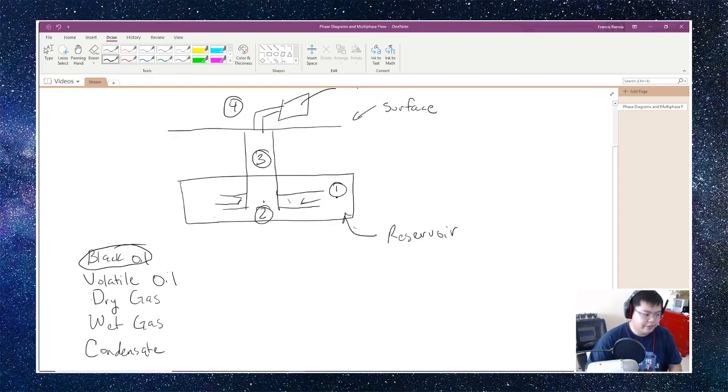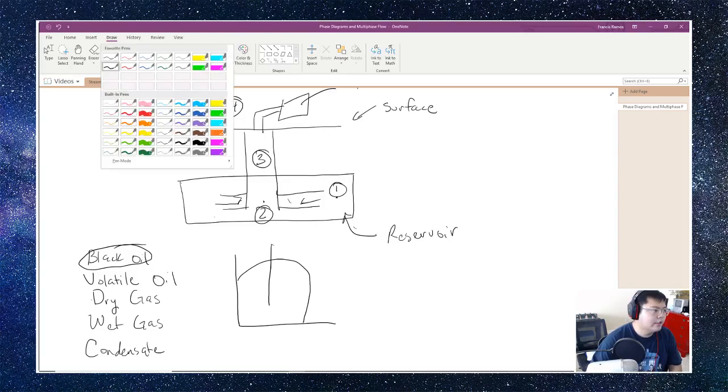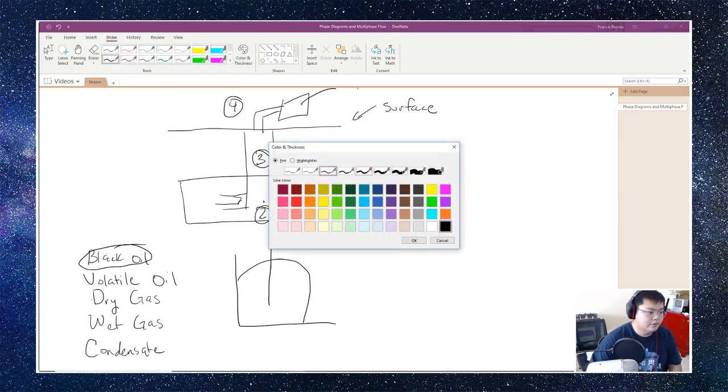This is very similar to what we saw here. And let me draw the black oil diagram in case any of you need a backup. So, gosh. Nope. How do I, let's say, let's do that.